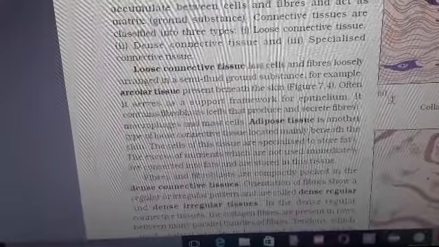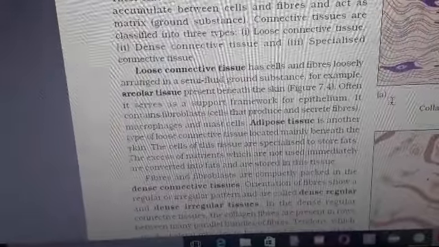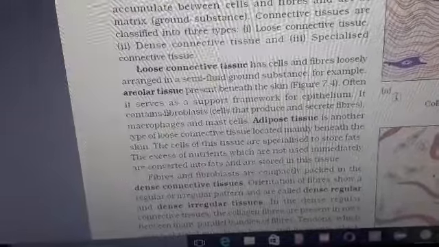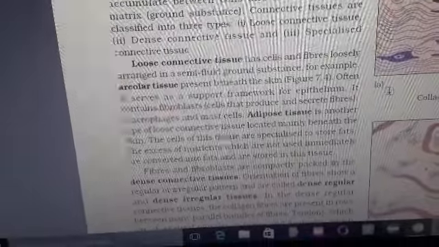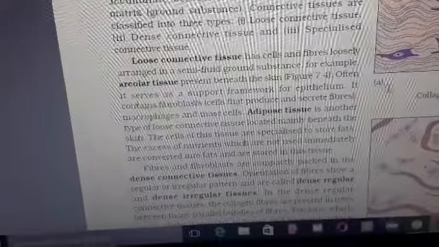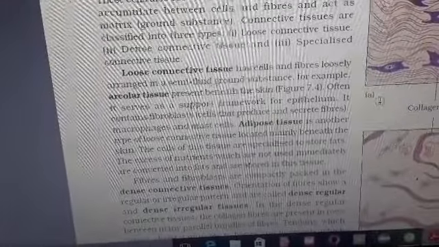So epithelial tissue contains a basement membrane, and beneath this basement membrane, a tissue is present. That is a connective tissue, and that connective tissue is areolar tissue. So basically, areolar tissue is like a support framework. It provides support to many of the tissues. I think you have got it.